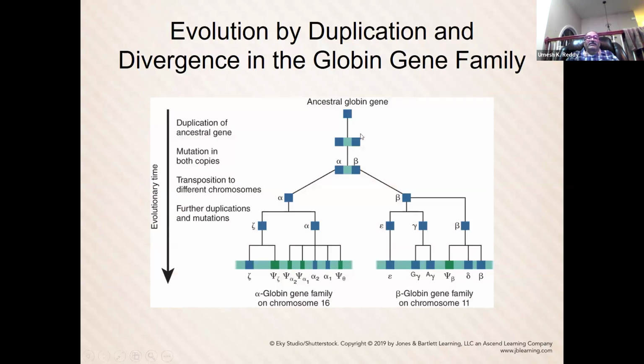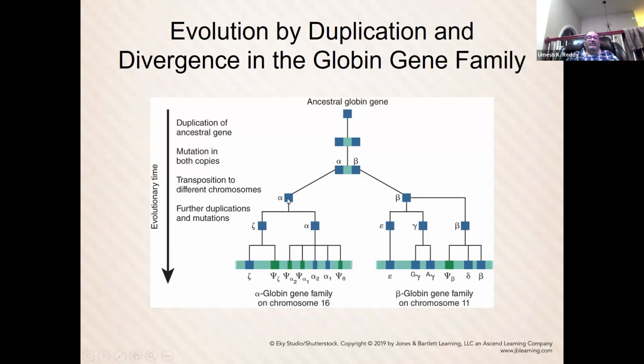So here is a thing, a globin gene is there. This globin gene is duplicated. And once it is duplicated, it is diverged. And this diverged protein is slightly different. One is called alpha and another is beta. And then they were initially on the same chromosome, but transposable elements are another evolutionary force.